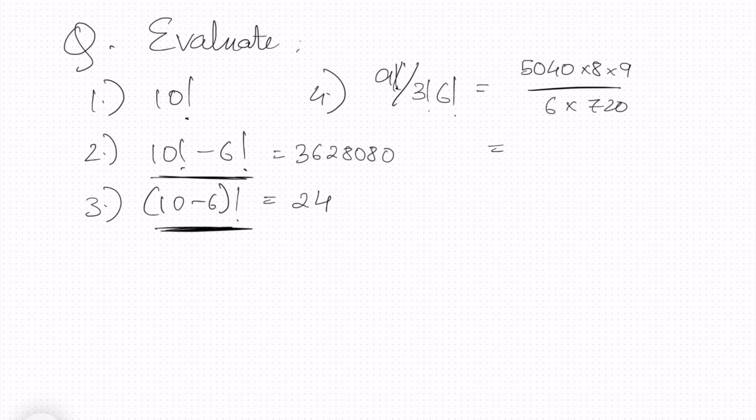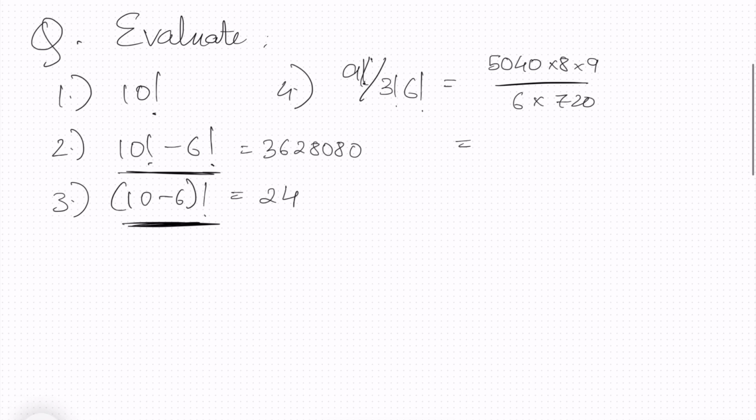So this is equal to 720 cancelling, so 8 into 8 into 9 by 6. So 72 by 6, 12 into 8, 96.